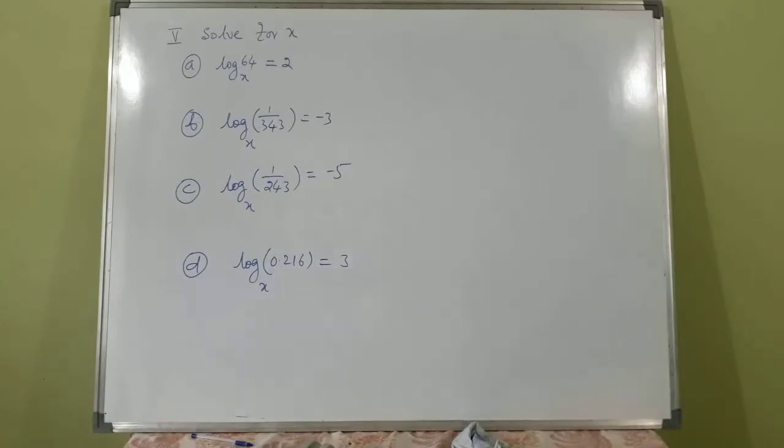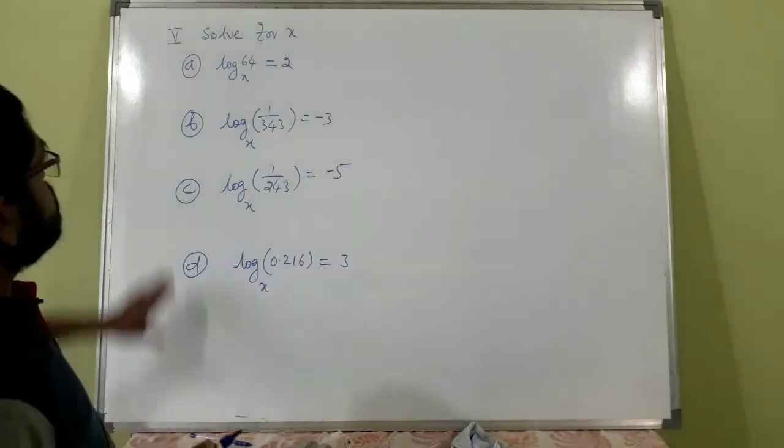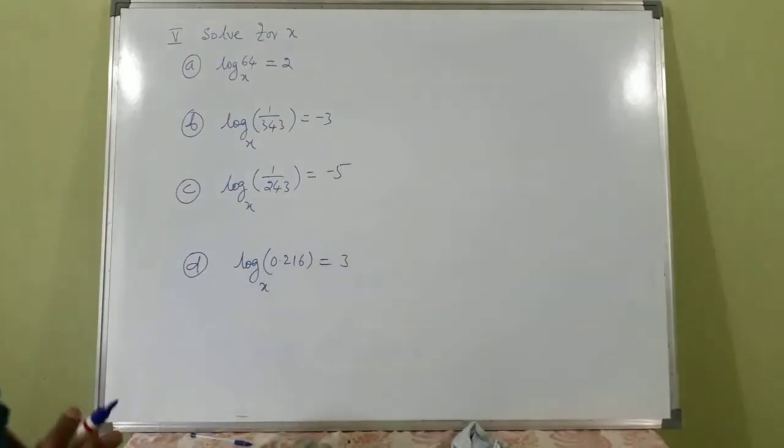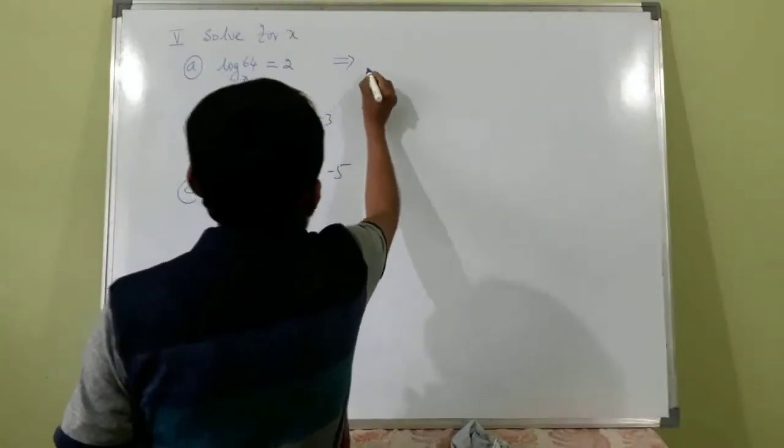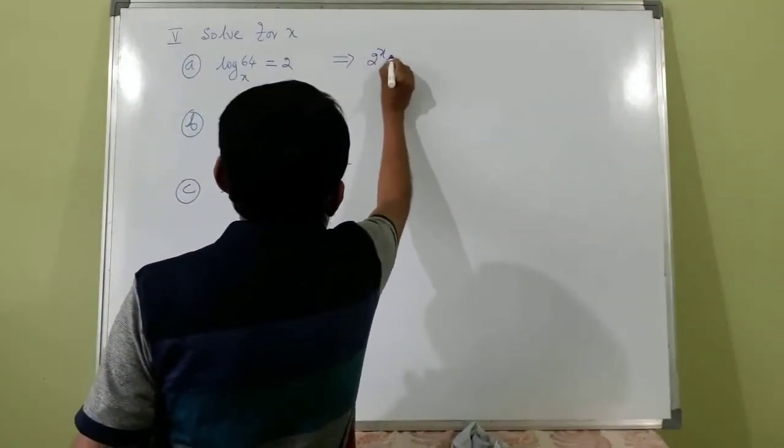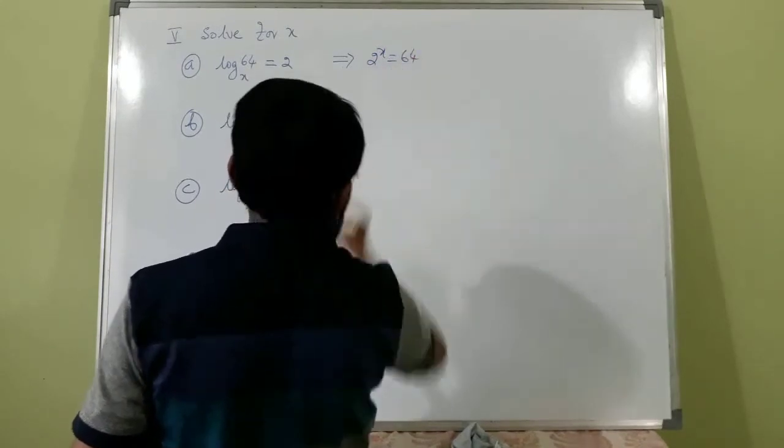See, the next question is, you are asked to solve for x. Log of 64 to the base x is equal to 2. This implies x to the power 2 is equal to 64.